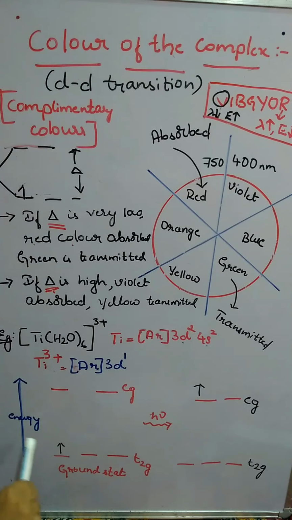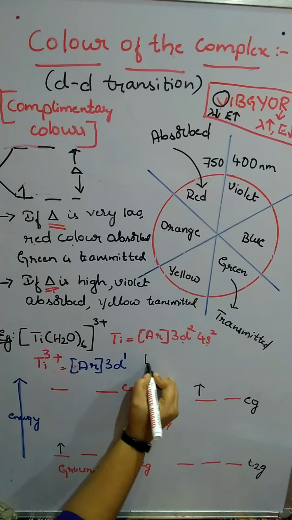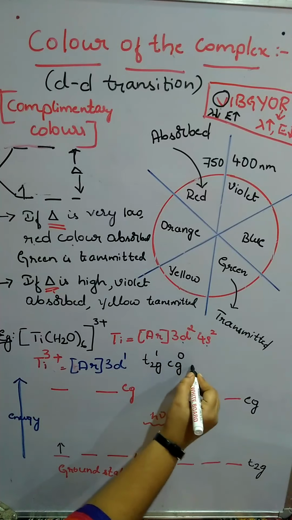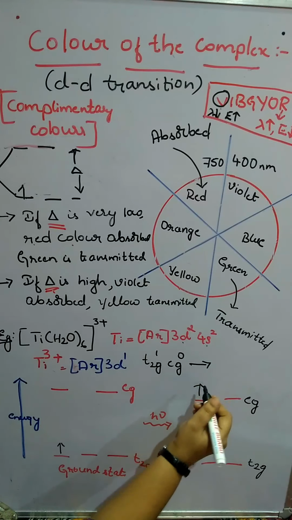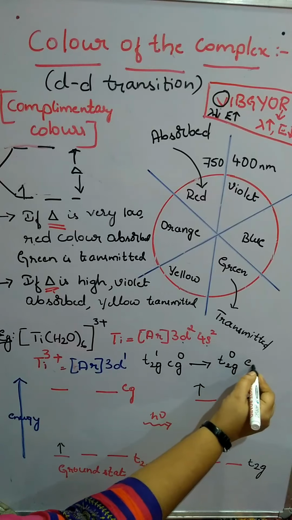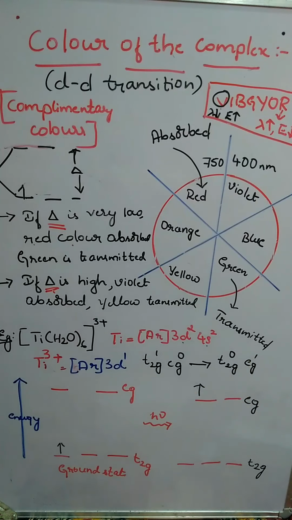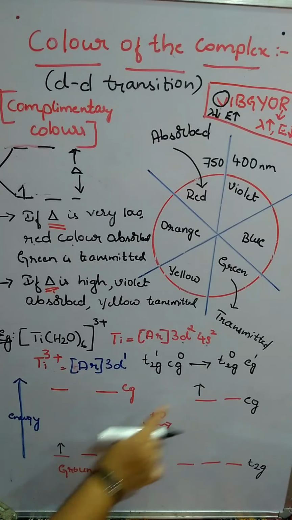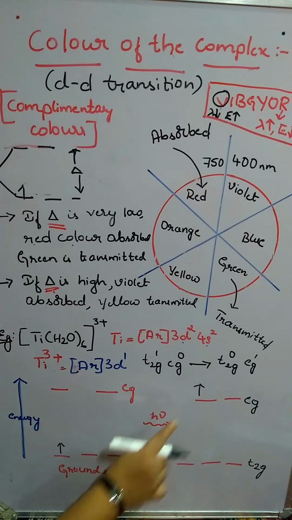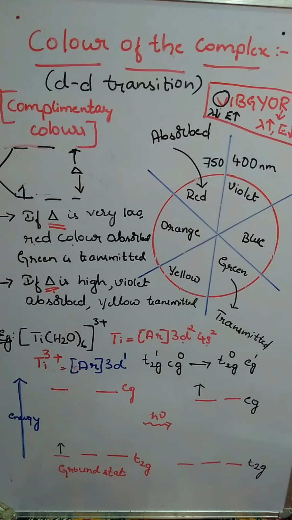The electronic configuration of this transition, we can write as: earlier it was t2g1 eg0 and it is transmitted to t2g0 eg1. So this is what a d-d transition is. An electron from a lower energy d orbital is transmitted to a higher energy d orbital.